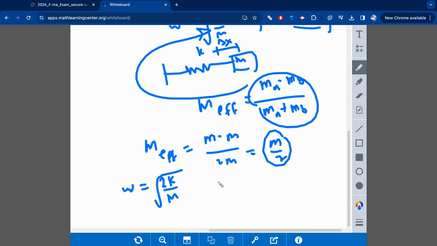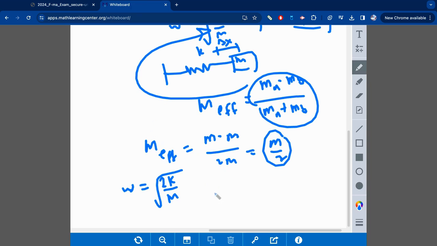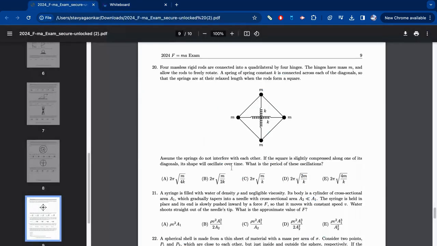Since we're finding the period of the oscillations, and the period is just 2 pi over W, this would be 2 pi root m over 2k, which would be B.